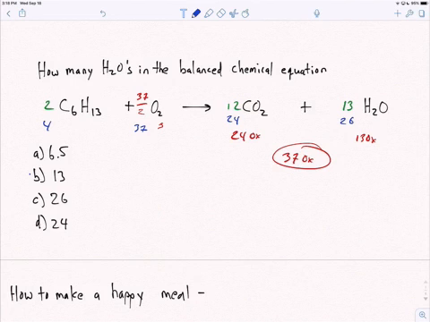Next is oxygen. So that's how you're moving this one by oxygen. And then oxygen is 13, but this oxygen is basically 15 oxygen.